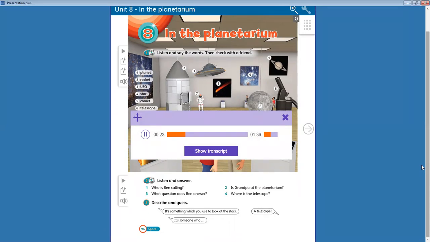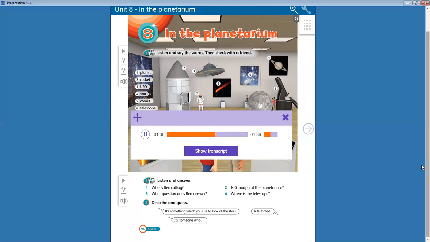The planetarium. Of course. Good thinking, Ben. Well, it was my grandpa who had the idea. I'm going to phone him at home now to tell him that we're here. Hi, Grandpa. It's Ben. We're at the planetarium. No, Borax and Zelda aren't here. Just us. Oh, and an astronaut.